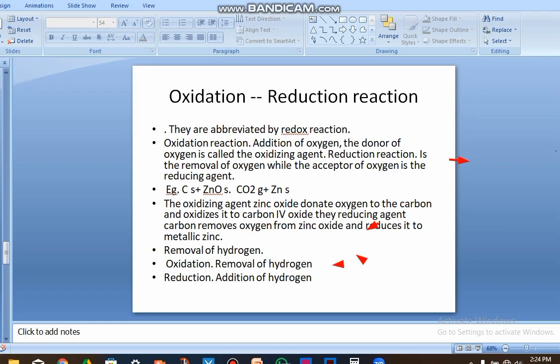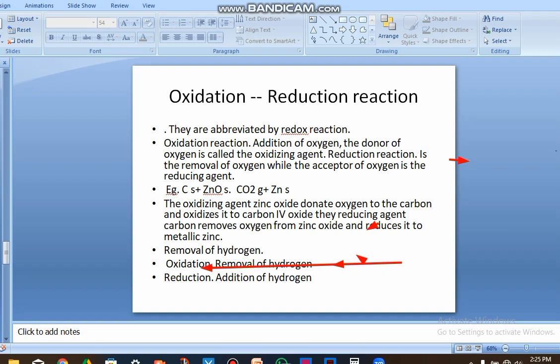So another definition again. The second way to identify an oxidizing agent and reducing agent is the aspect of removal of hydrogen.